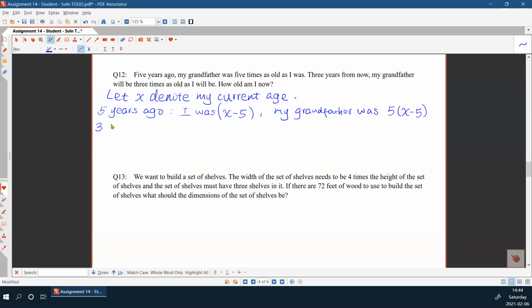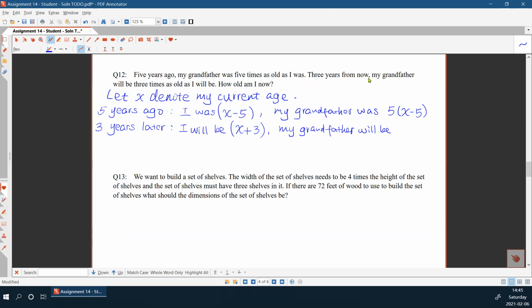And you also know that 3 years later, I will be x plus 3 years old, right? This is my age in 3 years. And my grandfather will be how old?